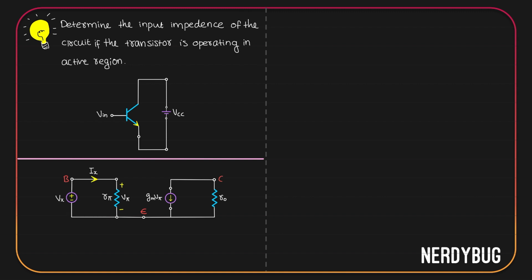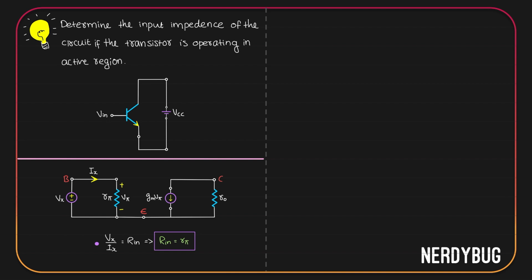This is actually pretty simple because you can see Vx is directly connected across the resistor R pi, and Ix is the current that will flow through it. So using Ohm's law, we can write Vx is going to be Ix R pi, or Vx by Ix is going to be R pi. But Vx by Ix is the input impedance. So we can say input impedance is simply R pi.